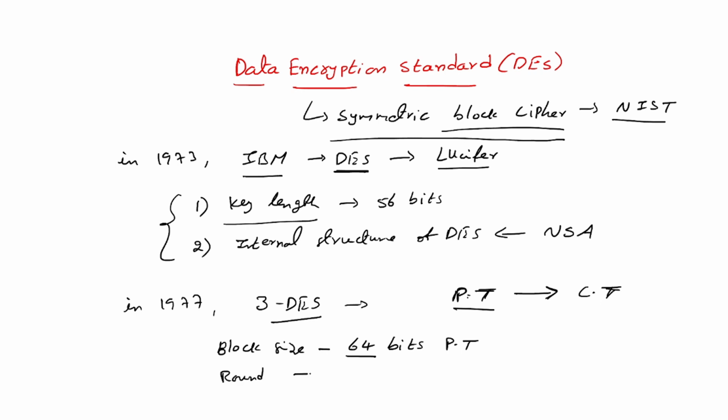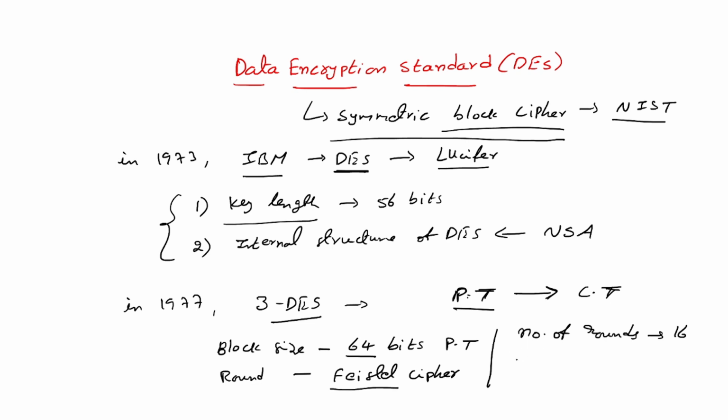Here we use the Feistel cipher, the Feistel structure, as the round function. Each round is a Feistel cipher. The number of rounds is 16, and each round contains a Feistel structure. We will learn about the Feistel structure later.